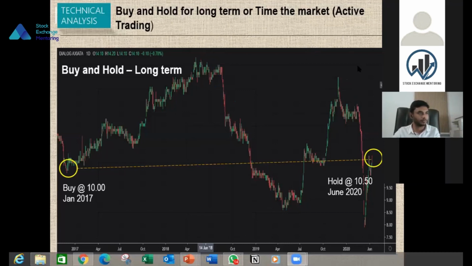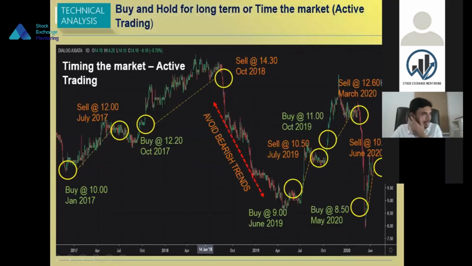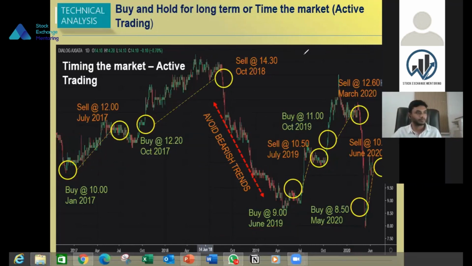So let's see the next chart. The next chart shows the same stock and the multiple trading opportunities you can have. Instead of buying and holding for a longer period without trading, you trade at 10 rupees and sell at 12 rupees from January to July.